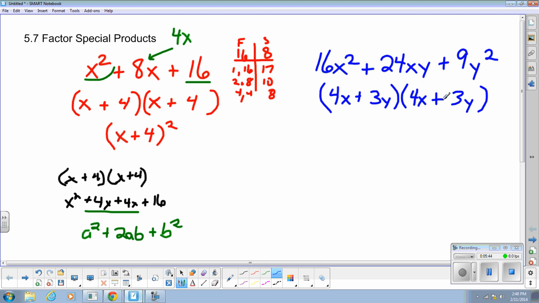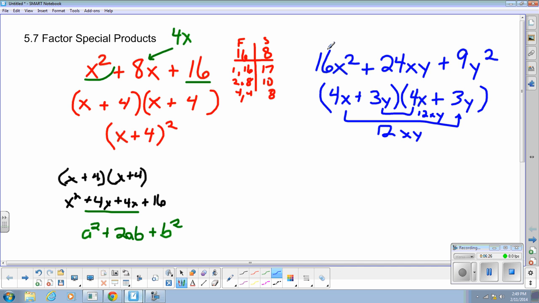The question is, if I distribute and multiply it back, will I get 24xy in the middle? 4x times 4x gives me 16x squared. 3y times 3y gives me 9y squared. 4x times 3y is 12xy, and 3y times 4x is also 12xy. So I have two of those, and 12xy doubled is 24xy. So this is also a perfect square trinomial.